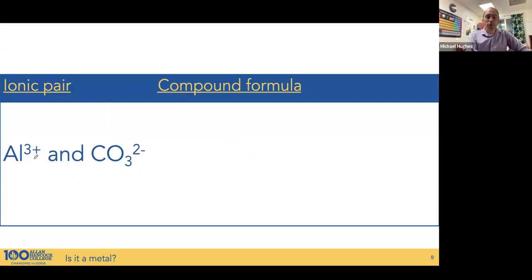Okay, aluminum 3 plus, carbonate 2 minus, so 2 minus and 3 plus. The least common denominator for these numbers is 6. It's the 3-2-2-3 relationship.